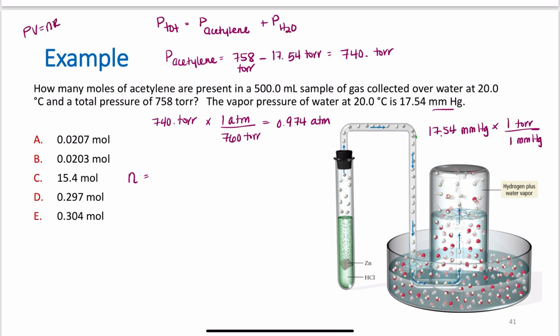Now my ideal gas law, I'm trying to find number of moles. PV equals nRT. So PV over RT. 0.974 atmosphere. 500 mL is 0.5000 liters.